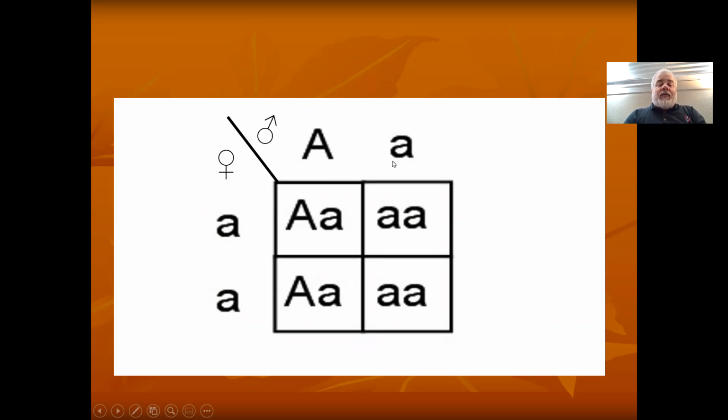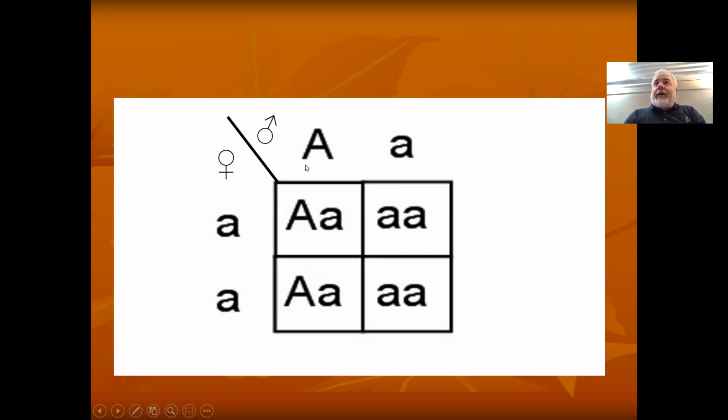And if I have a capital A, small a, these are just genetic representations of dominant genes and recessive genes. Dominant genes are a copy or a version of a gene that gives a recognizable trait, and the other copy doesn't give that same trait.